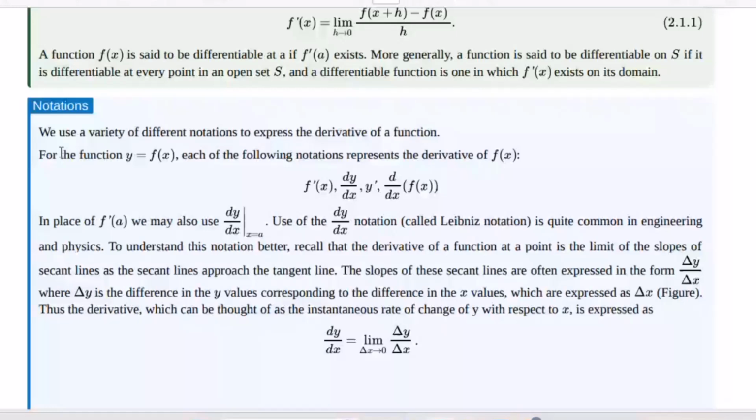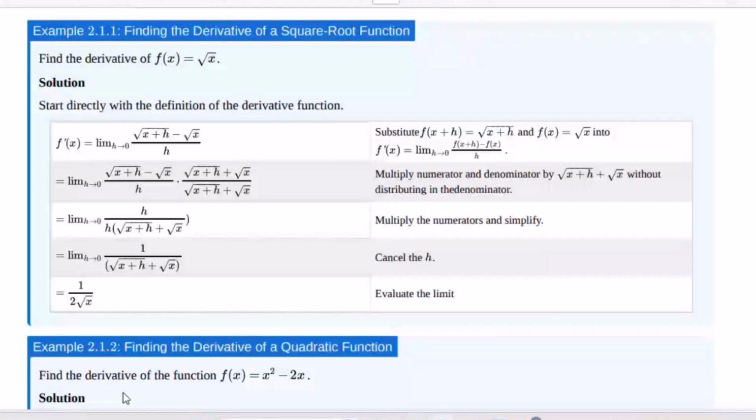For the function y equals f of x, each of the following notations represents the derivative of f of x: f prime of x, dy by dx, y prime, d by dx of f of x. All are representing the very same thing, the derivative of f of x.